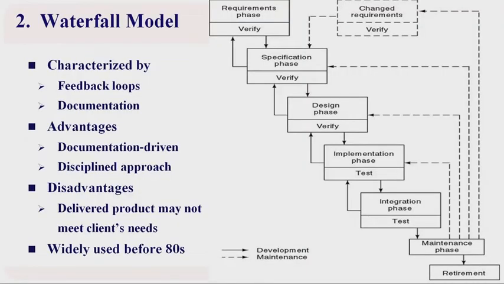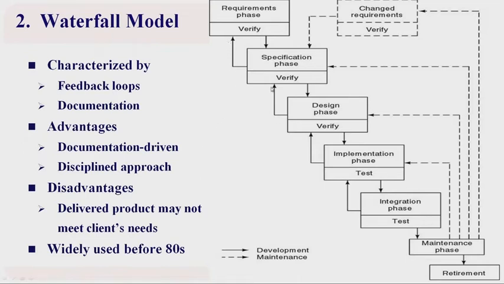Second, the waterfall model. Let's read the diagram first. The first phase of the waterfall model is the requirements phase, and next the specification phase, design phase, implementation, integration, maintenance, and retirement. And we find that this model is characterized by feedback loops.